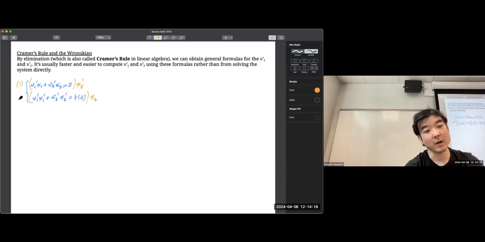So I'll just label this as equation 1 and this as equation 2. Suppose you want to eliminate the v2 prime term. Then you can just say 1 minus 2 with these two equations.